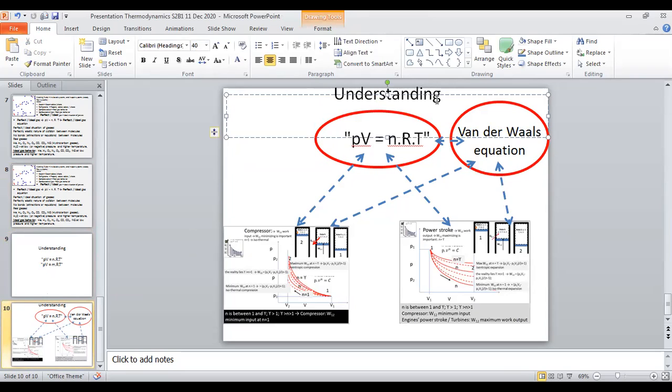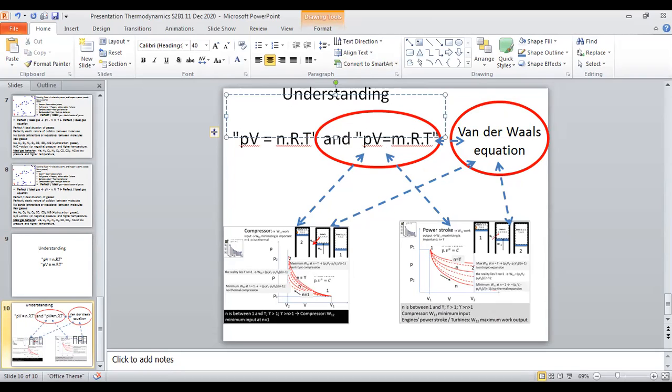and let me put the other one also. PV equals mRT. m times r times t. Okay.